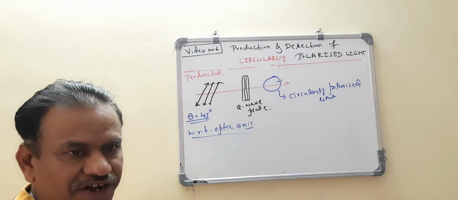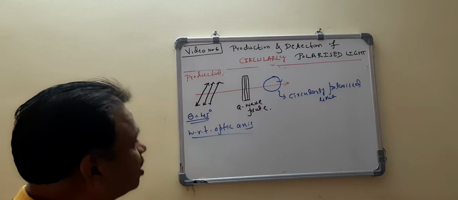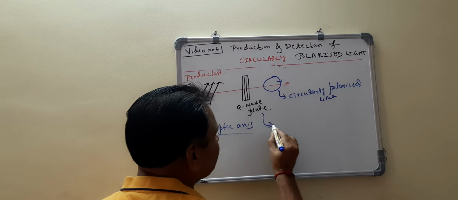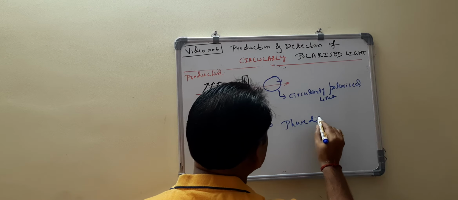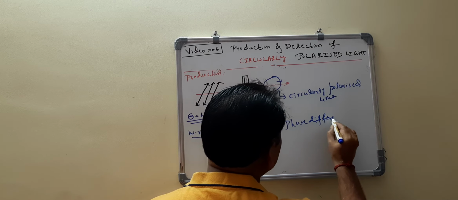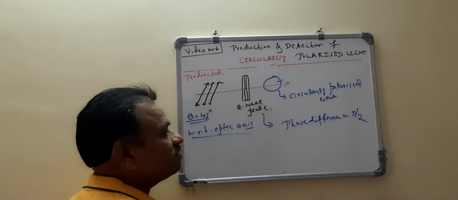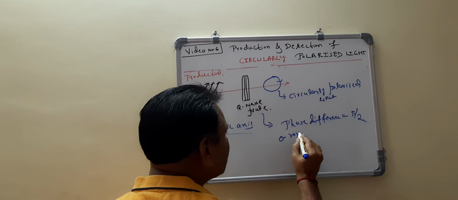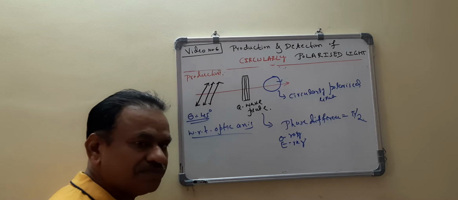Why is circularly polarized light obtained? We know from the previous video that in the case of a quarter wave plate, the phase difference is pi by 2. The phase difference is created between the O ray and the E ray.